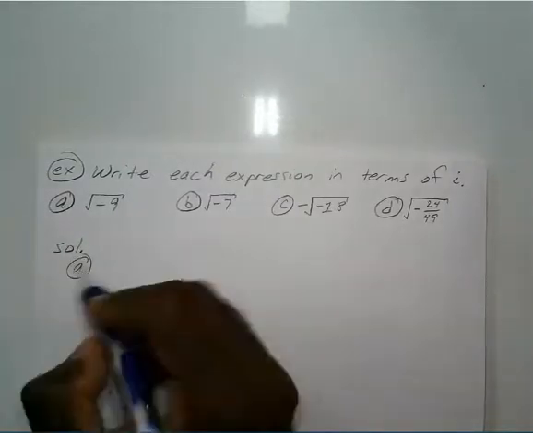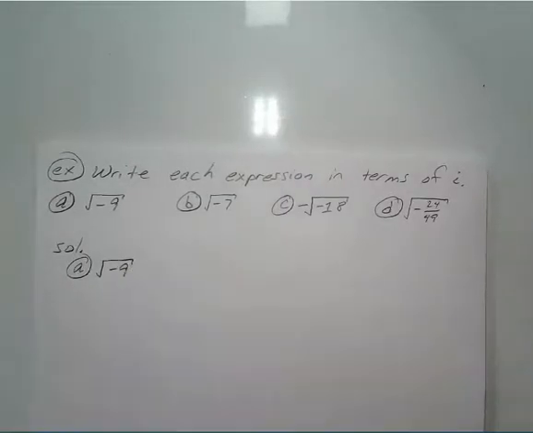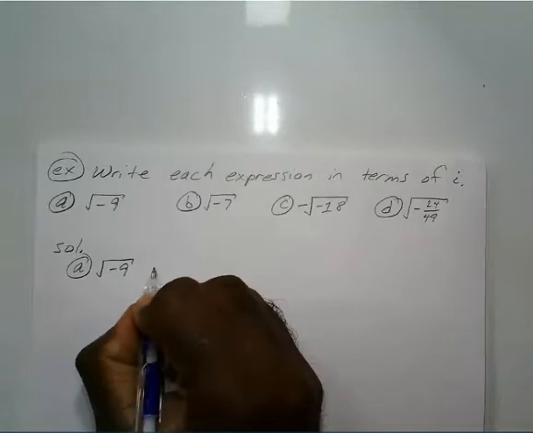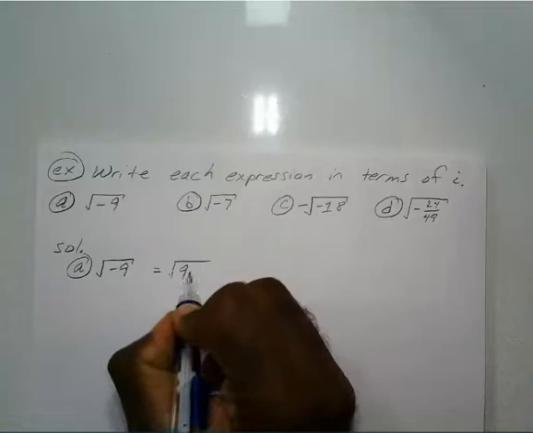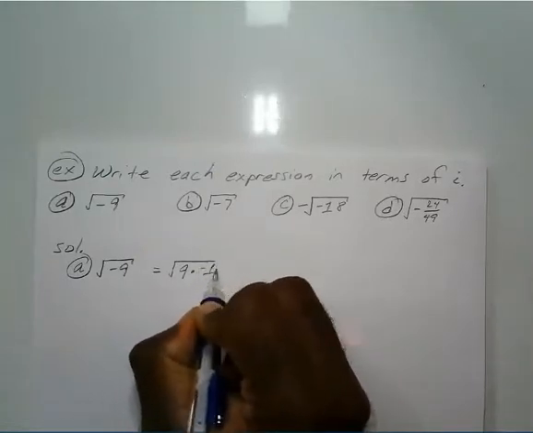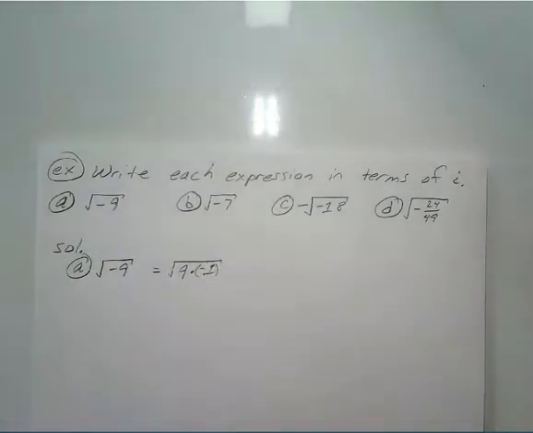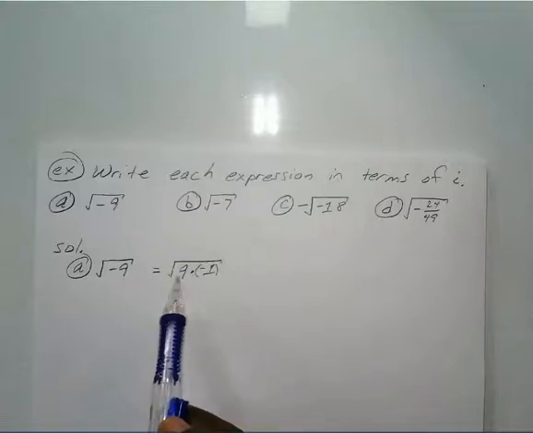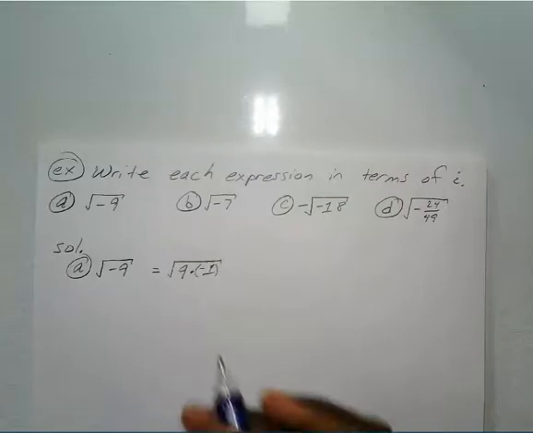So for problem A, you have the square root of -9. Since you have -9, that's actually equal to the square root of 9 times -1. Kind of separate those with parentheses. Now remember, when you're multiplying, you can separate the two factors under the root symbol.